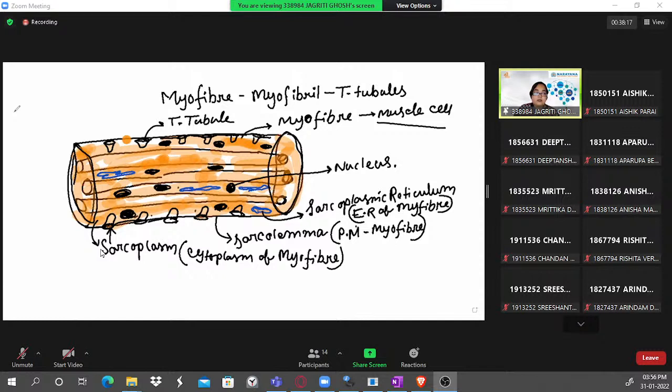As it is a multinucleated structure, inside it there are these cigarette-like structures, whose name I have not written.